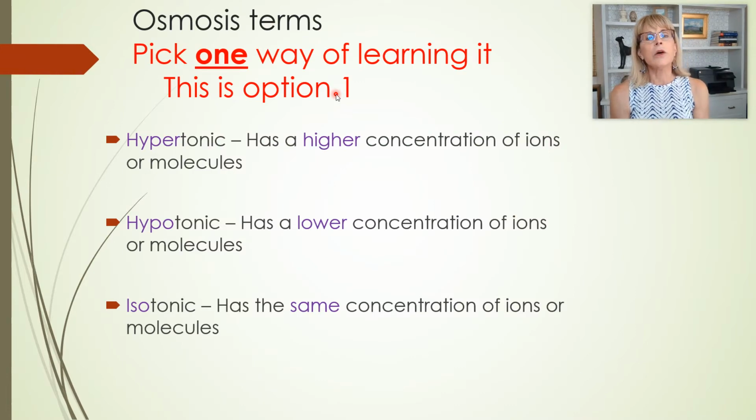Now, the next thing I want you to learn are hypertonic, hypotonic, and isotonic. I'm going to present you with two options for how to learn these definitions. Pick one. Don't try and do them both. Just pick one and learn it, okay? So let's start with the way these names actually were invented.